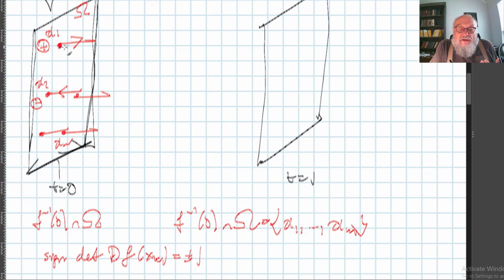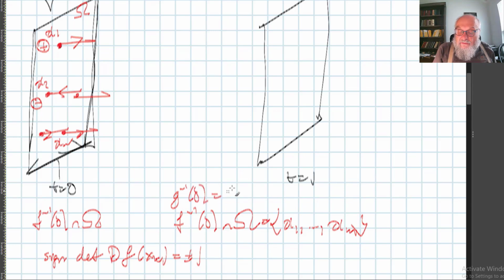So the natural orientation of this curve indicates the increasing direction of t. If it's a negative determinant, then it must follow the decreasing direction of t. And in such a case, of course, you have many such places.